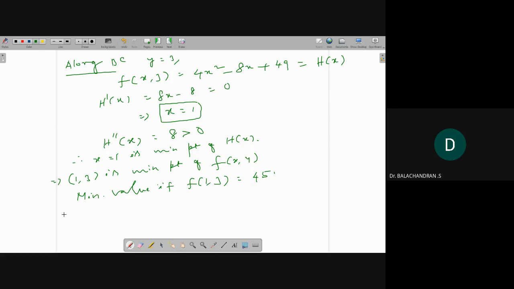And at the corner point 0 comma 3, at the point C, f of 0 comma 3 equal to, somebody do it and tell. 49. Yes, correct. 49. Okay, thank you. And then finally, along CO.